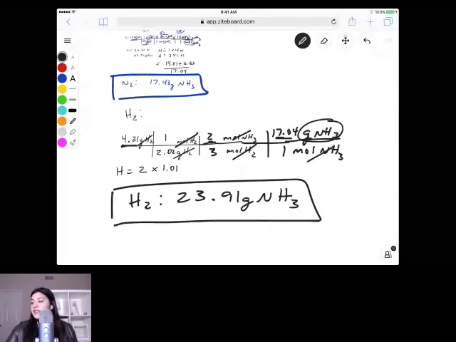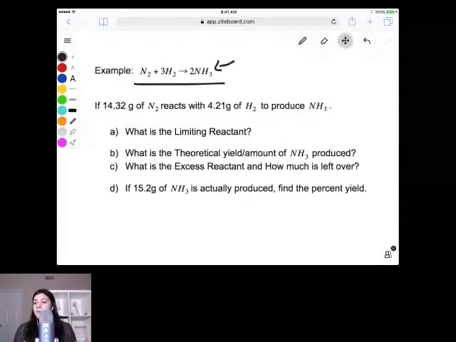So we need to see how everything is actually going to react and mix together. So that's why going from grams of your reactant to grams of your product is necessary using stoichiometry, those conversions, just because in chemistry, sadly, it's too complicated to actually see what's going on. So does that kind of make sense? If not, I can explain it differently.